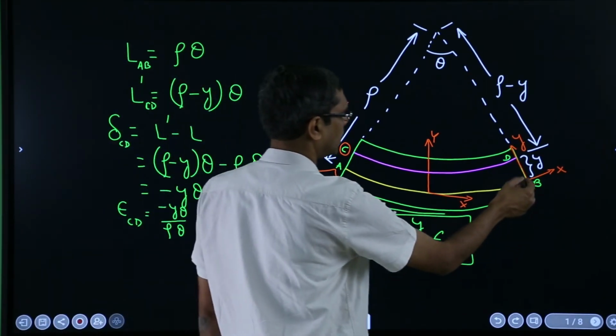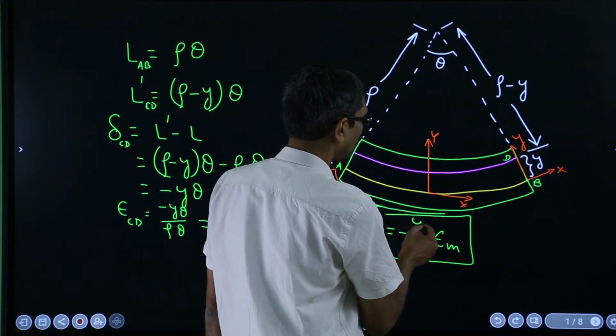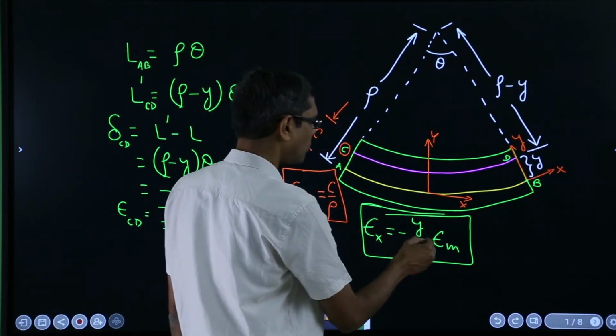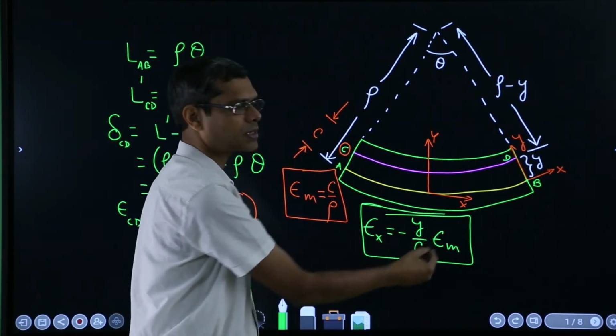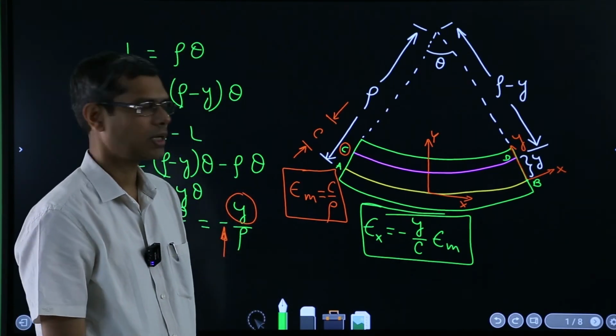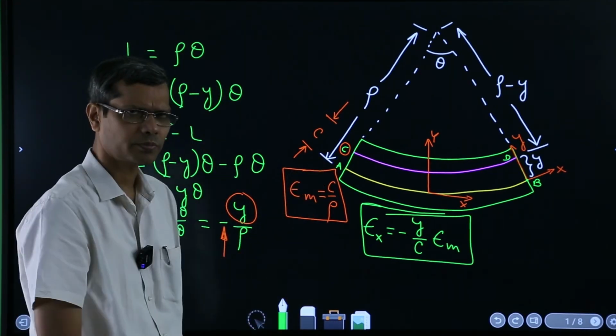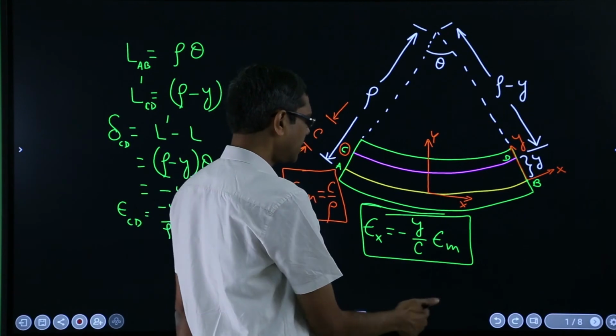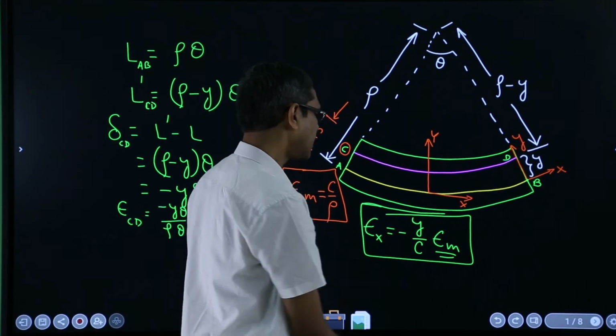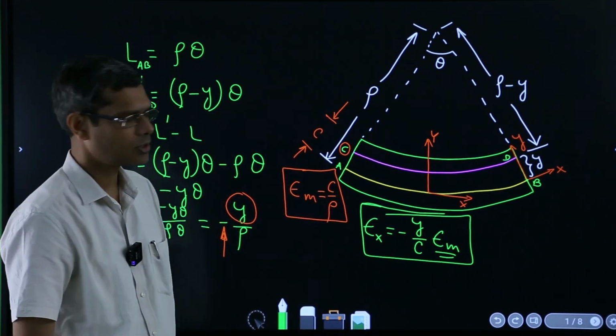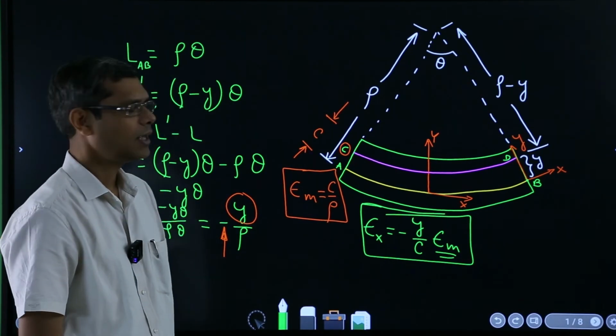If we go the other side, it will become the opposite sign, some fraction of the maximum strain developed on the other side. So it tells everything, but in terms of epsilon m, the maximum strain.